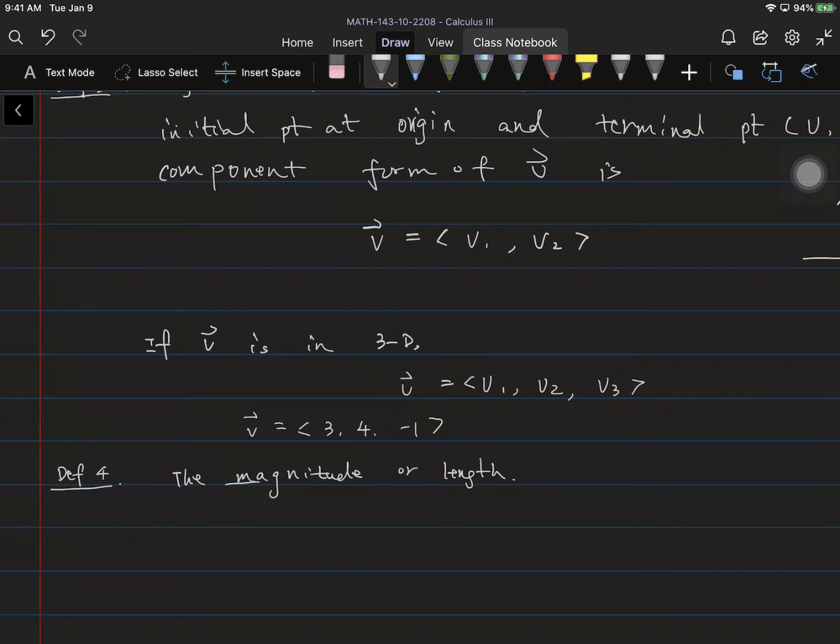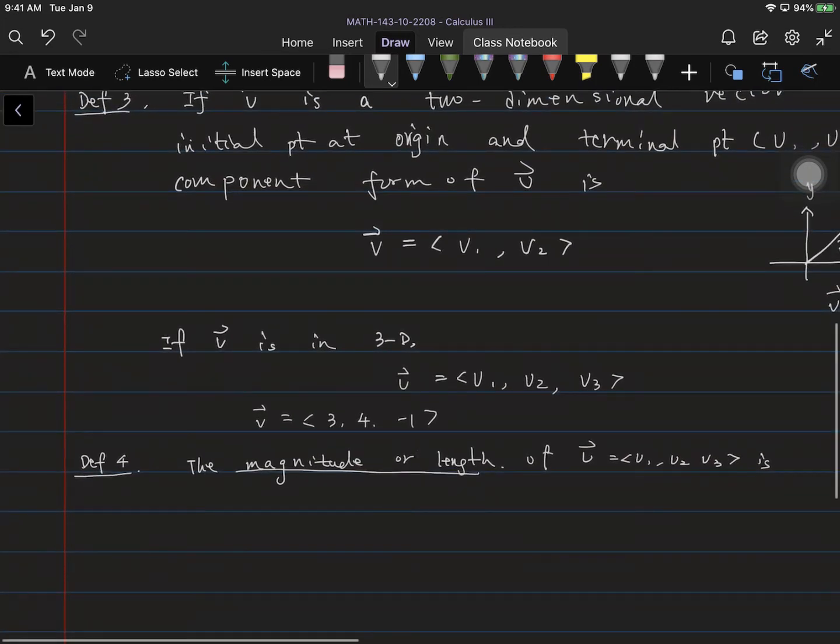If our vector is in 3D, given by V1, V2, V3, its length is defined this way.